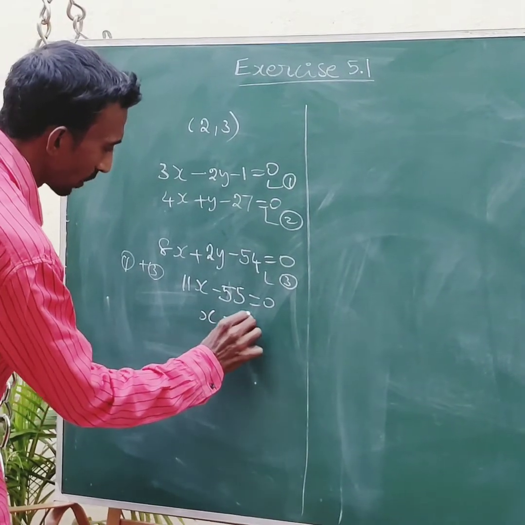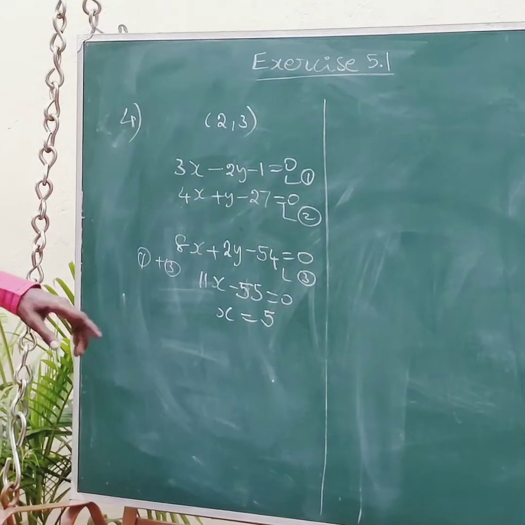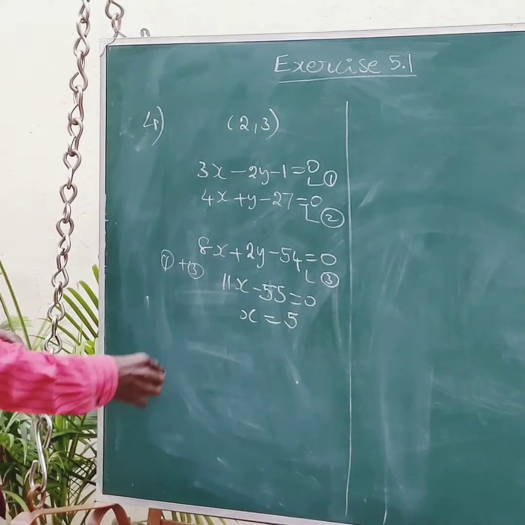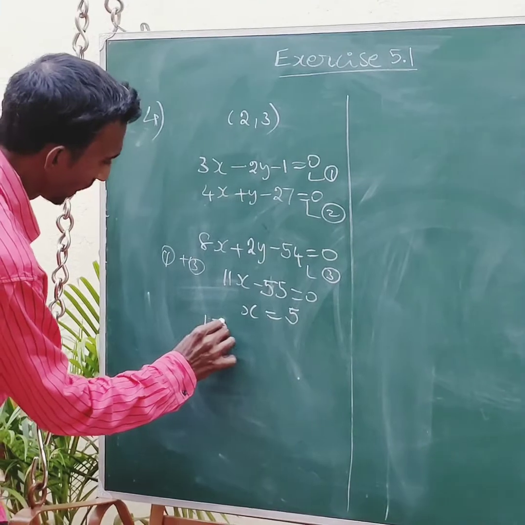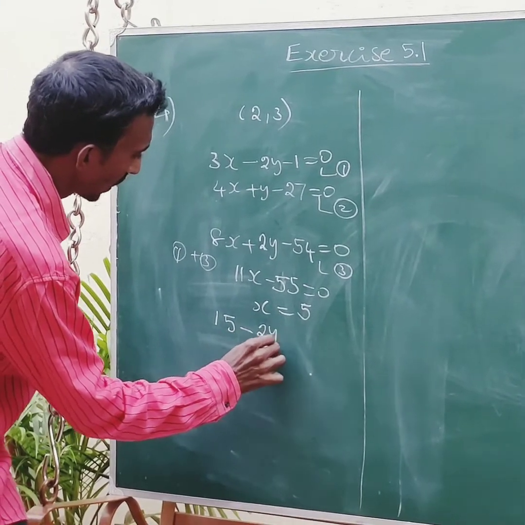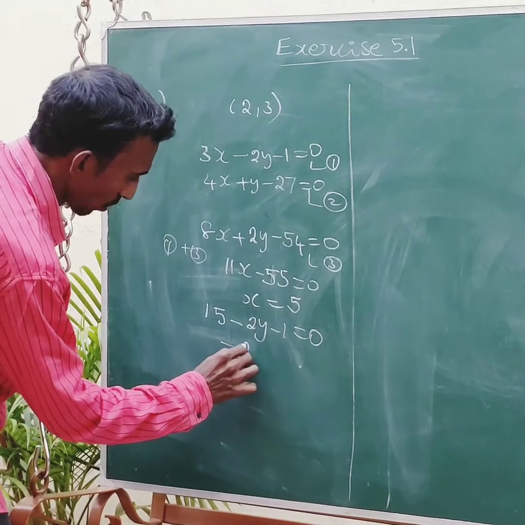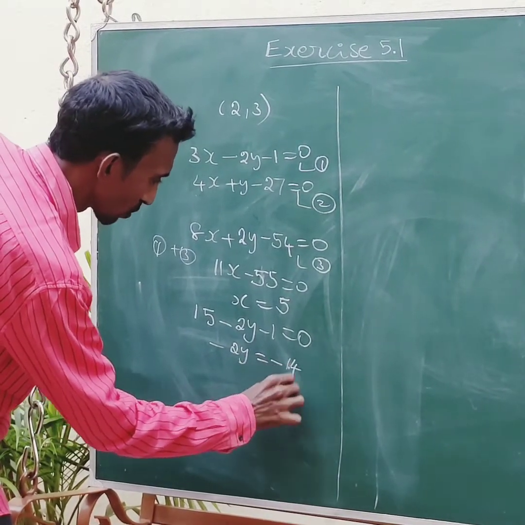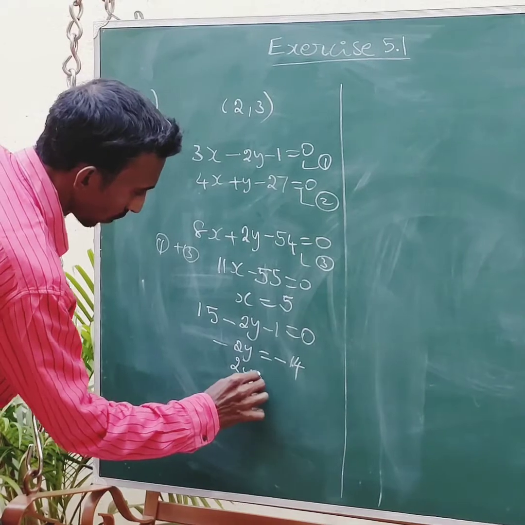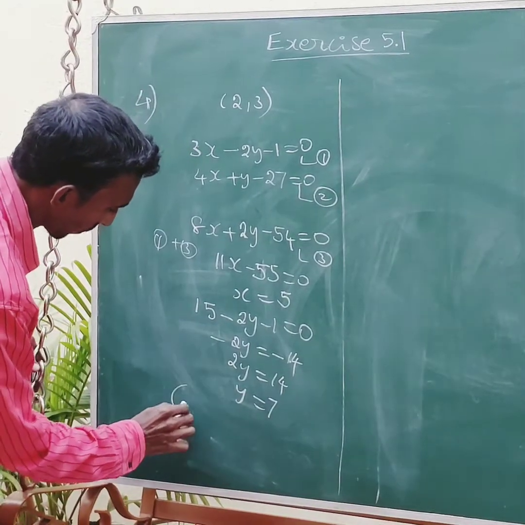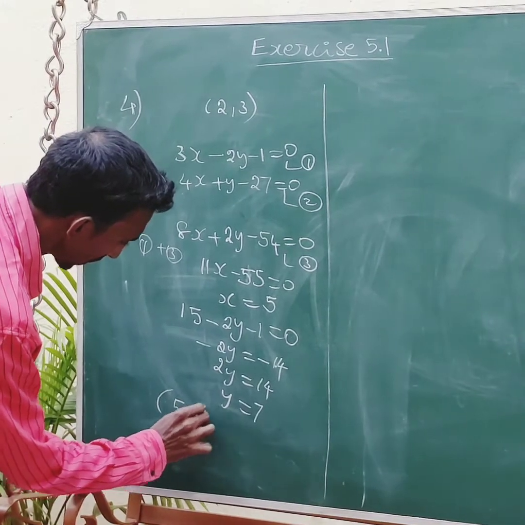So we are getting x equal to 5. Put the value x equal to 5 in the first or second equation. For example, in the first equation we are getting 15 minus 2y minus 1 equal to 0. So minus 2y equal to minus 14, 2y equal to 14, y equal to 7. So we are getting that point as 5, 7.